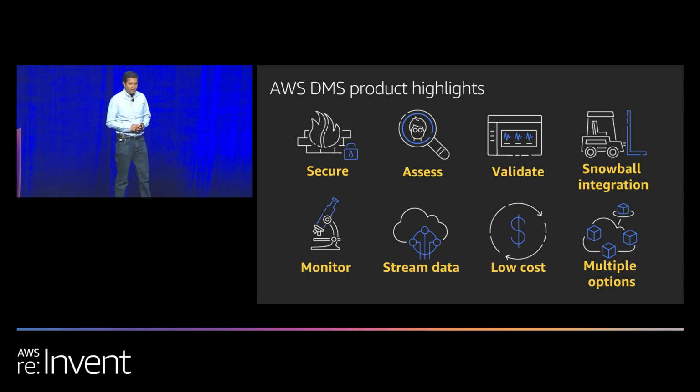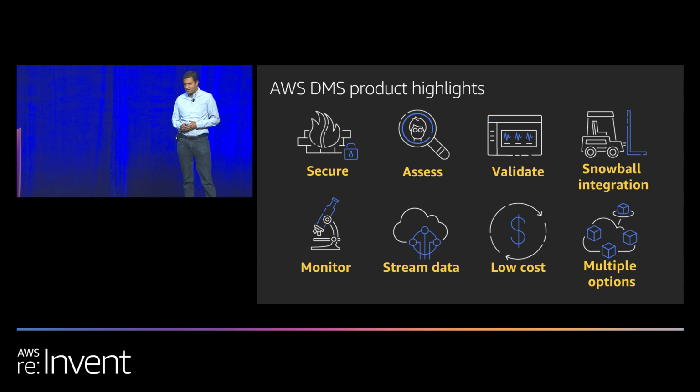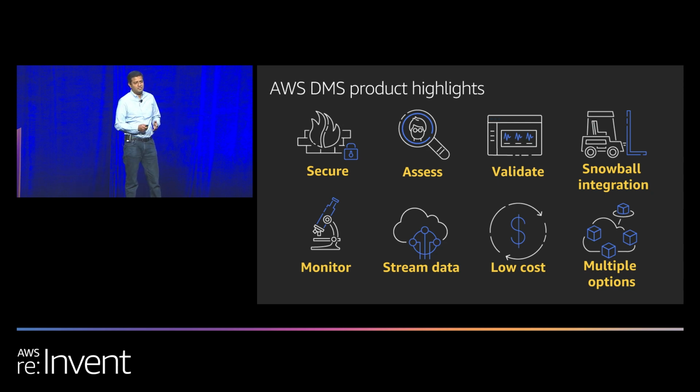As we discussed, DMS also provides integration with Snowball Edge and S3. So you take this Snowball Edge device to your on-premise, and using the SCT agent, you upload your data from your on-premise databases to the Snowball Edge device.